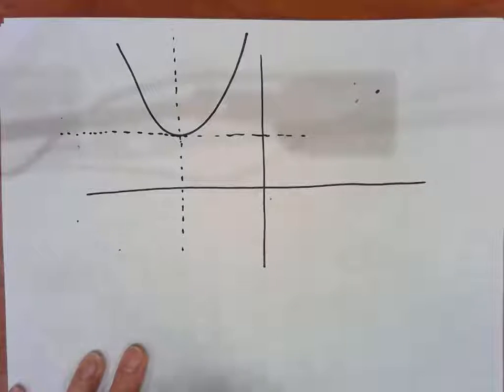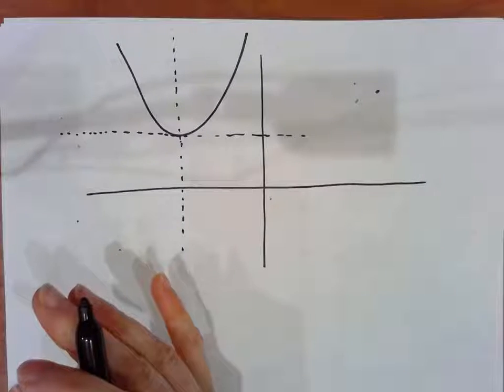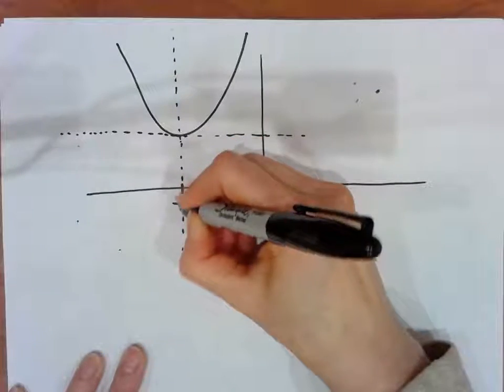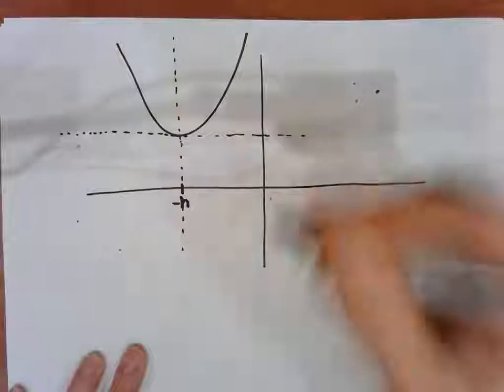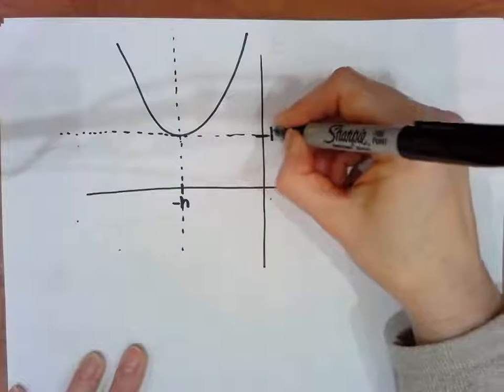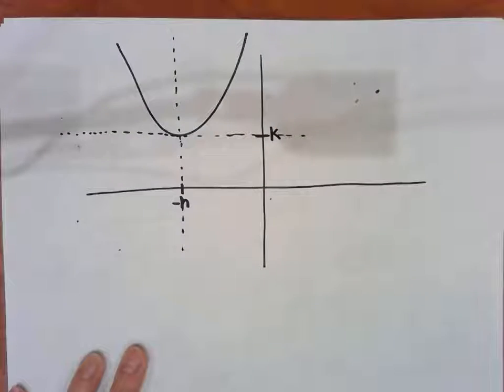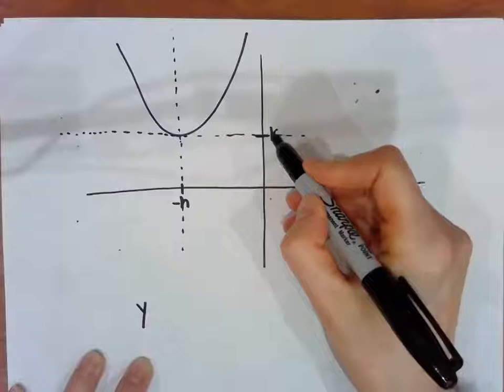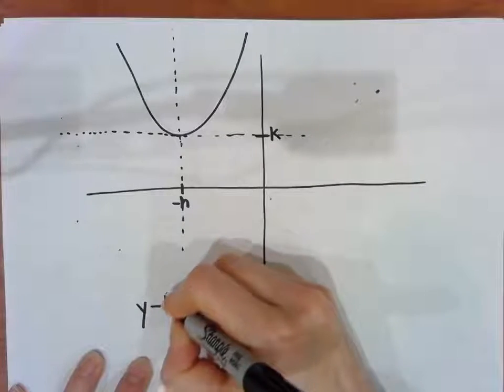Okay, and if this is at -h, and if this is at k, then we'll have y minus k.